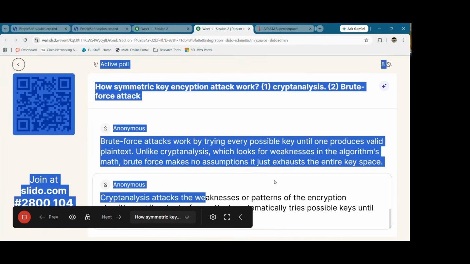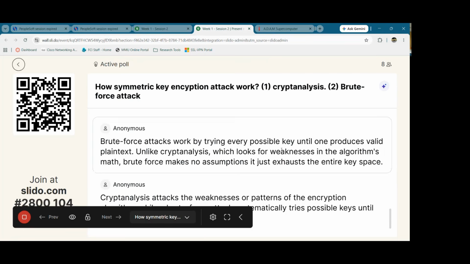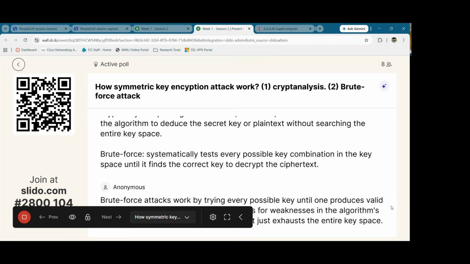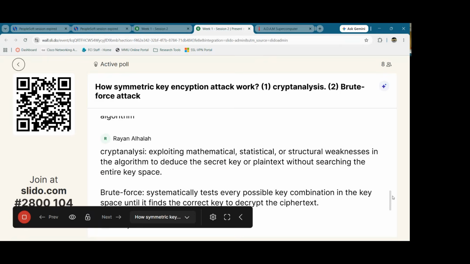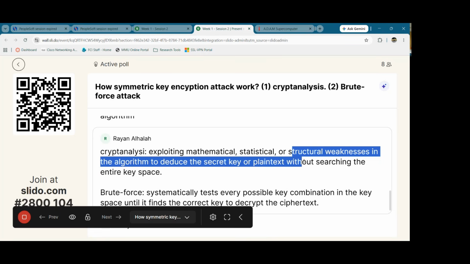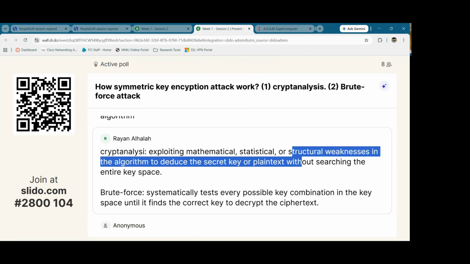Another point other than this mathematical. Right, you are right. Critical, statistical, structural. So there is a complete analysis itself that we need.